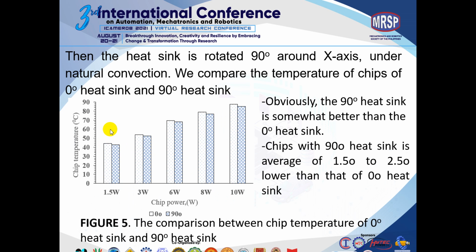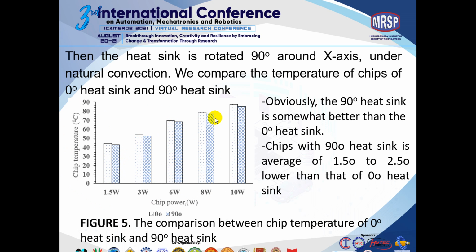And we investigate the heatsink when we rotate it 90 degrees around the x-axis under natural convection. You can see the chart when we compare the 0 degree heatsink and the 90 degree heatsink.